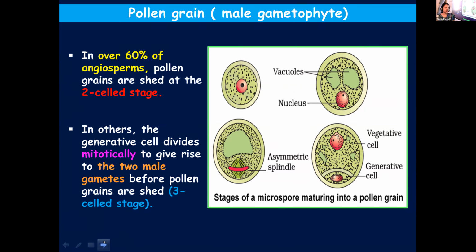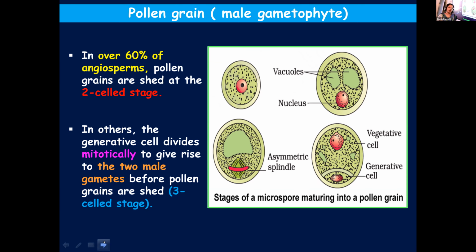Once again, I will repeat: in more than 60% of the flowering plants, pollen grains are released at the two-celled stage. The two-celled stage includes the vegetative cell and generative cell, but no male gametes.